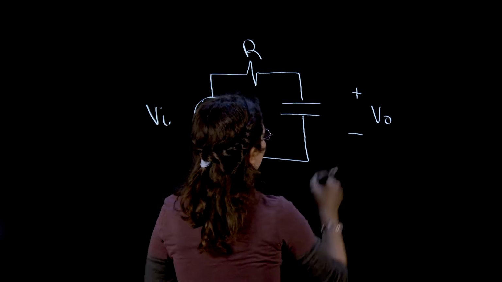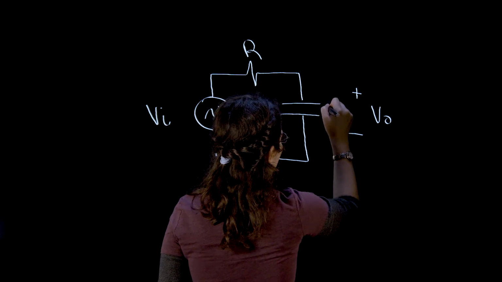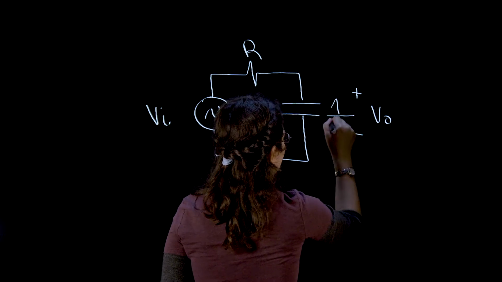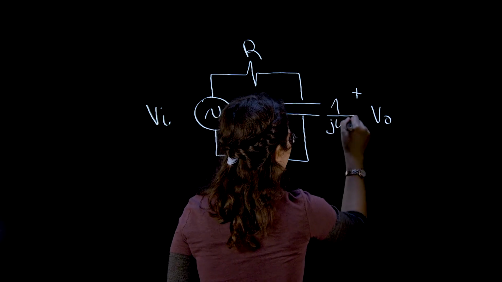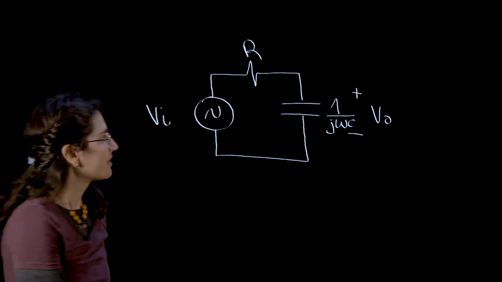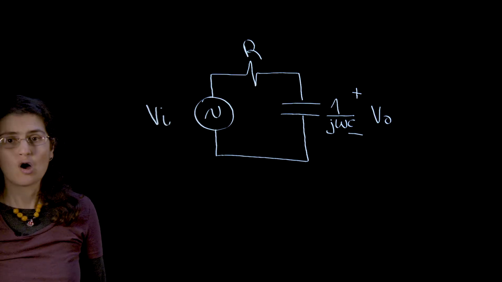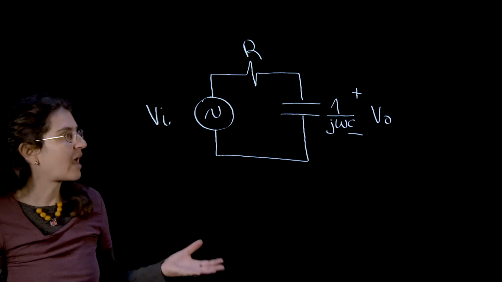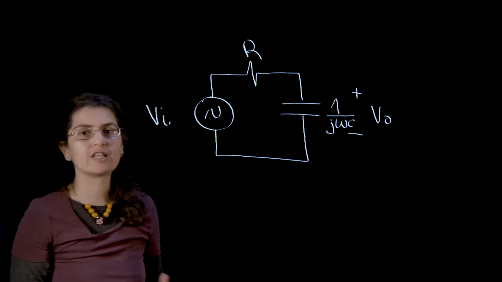So instead of C, I'm going to put here 1 over j omega C. Now, the transfer function of any system is defined as the output over the input.